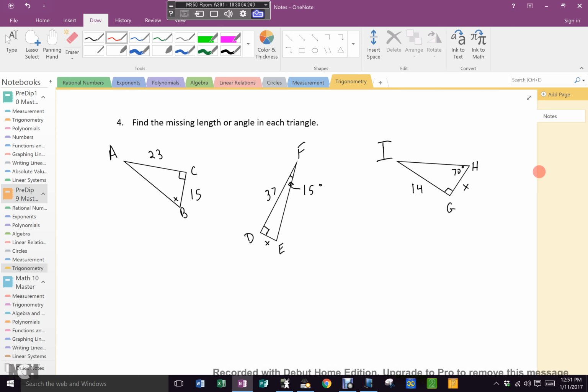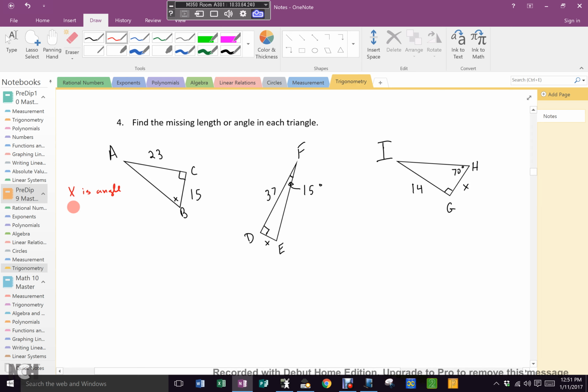Everybody ready? All right. So in number 4 there's an x, right? X is an angle, isn't it? If I want an angle, am I doing tan or shift tan? Look back in your notes if you need to. Shift tan, right?